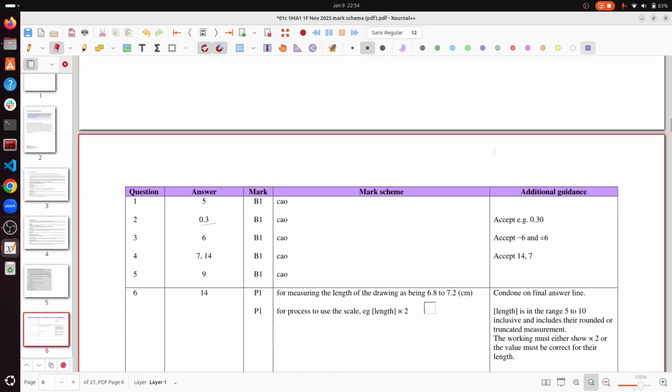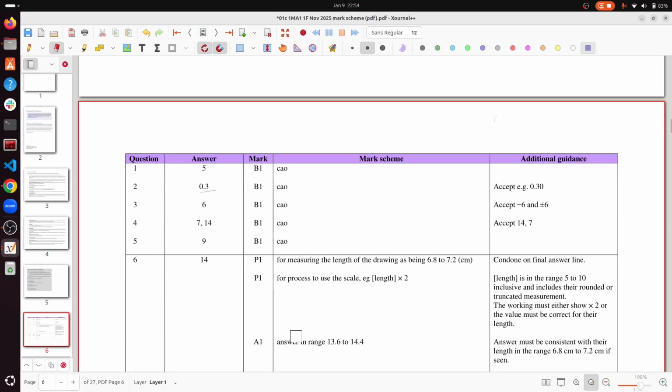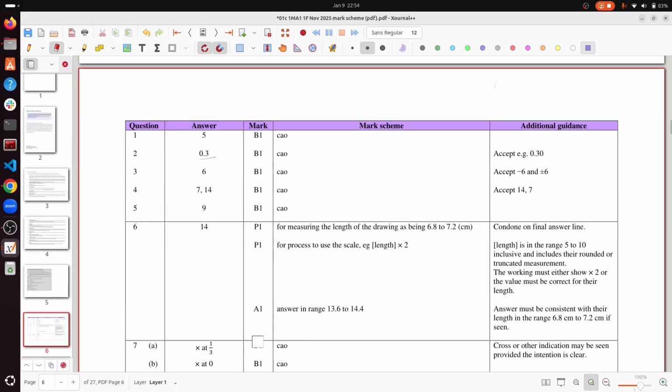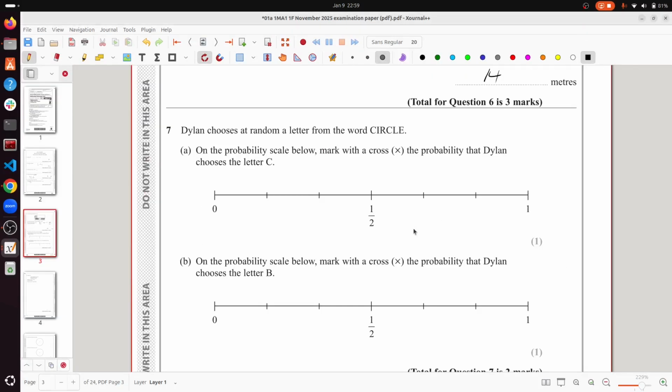But if your length is between this range of 6.8 to 7.2, then you will get your 2 marks, even if your answer is not 14. So if you had used 6.8 and you multiplied by 2, because your measurement was in the right range and you multiplied by 2, you will get both process marks, and you will get the final answer mark as far as your final answer is within that range.